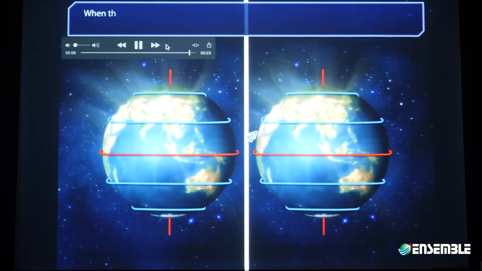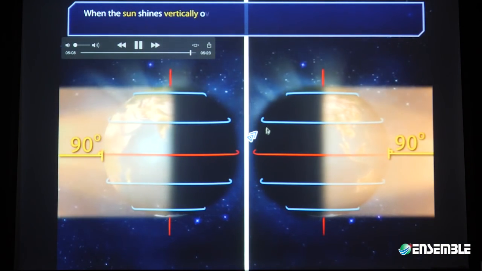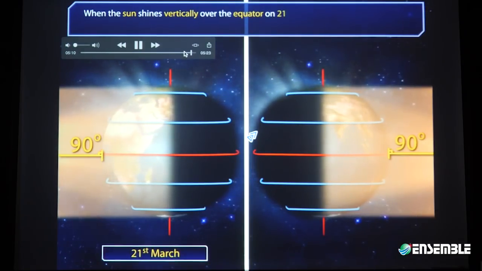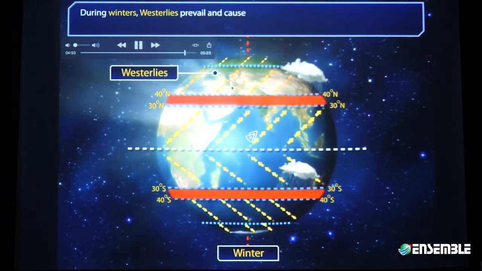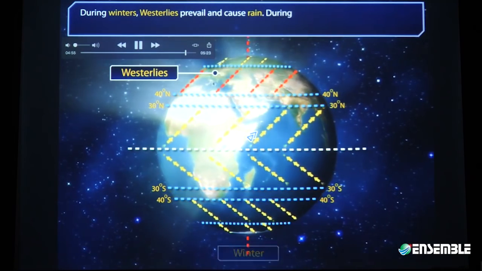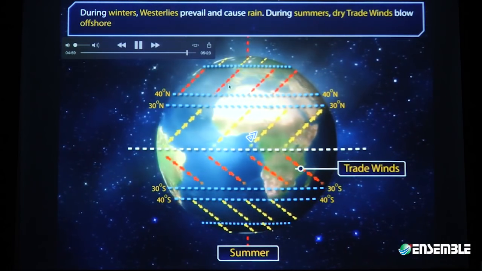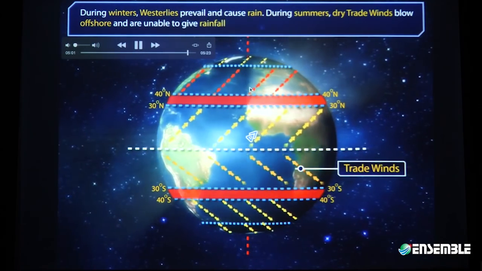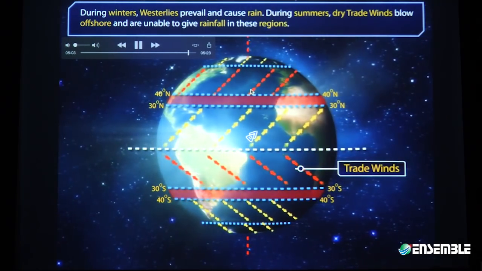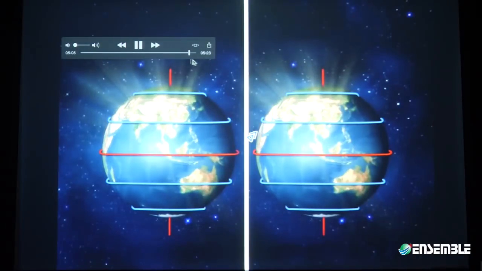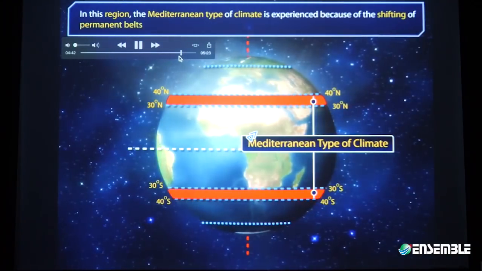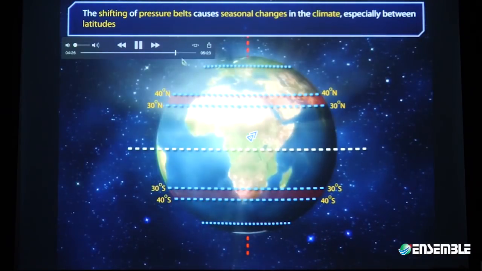You can take a look once again: this is where the westerlies are. They have shifted northward because of the shift of the sun southward, and the whole of this region has come under the influence of the westerlies. That's what we are talking about.